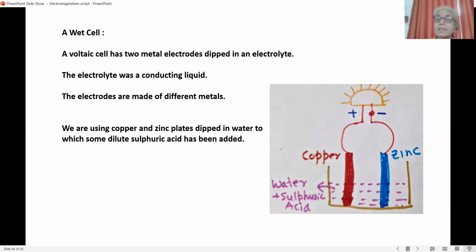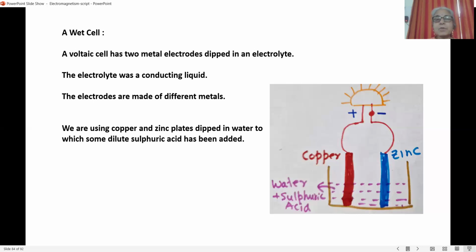That means an electric current flows between these two plates. These plates are called electrodes. This is a wet cell because there's a conducting liquid between the two metal sheets. We call it a voltaic cell in honor of Volta.